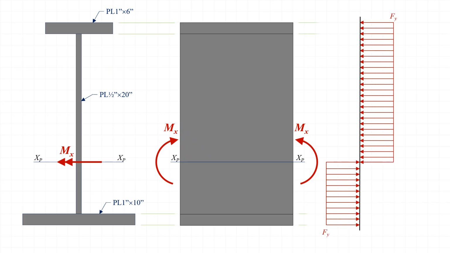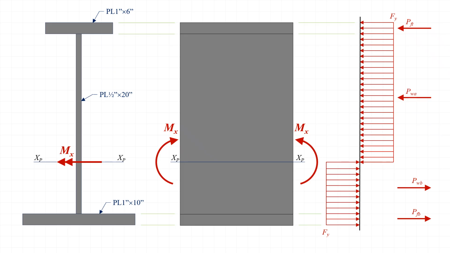With that, and assuming that all of the elements are loaded to their yield stress, the distribution of stresses on the section would look like this. This is referred to as a plastic stress distribution. Finally, the force resultants in the top flange, the area of the web above the plastic neutral axis, the area of the web below the plastic neutral axis, and in the bottom flange can be drawn like this.